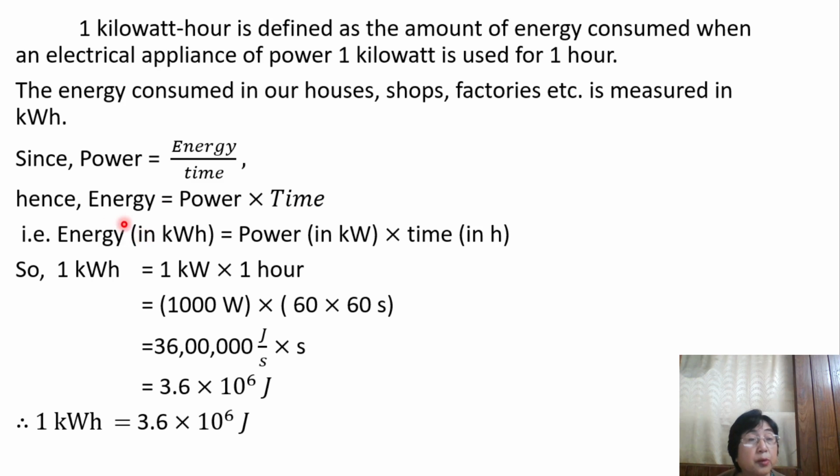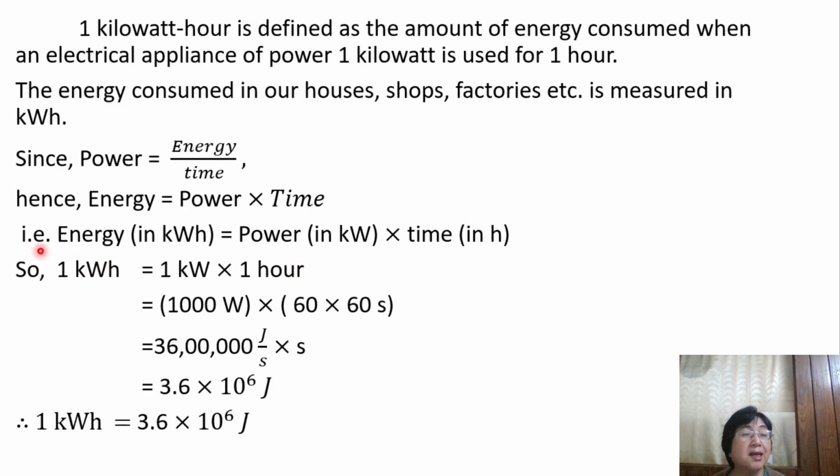So to calculate the energy in kilowatt hour, energy in kilowatt hour should be equal to power in kilowatt into time in hour. So we get 1 kilowatt hour is equal to 1 kilowatt into 1 hour.